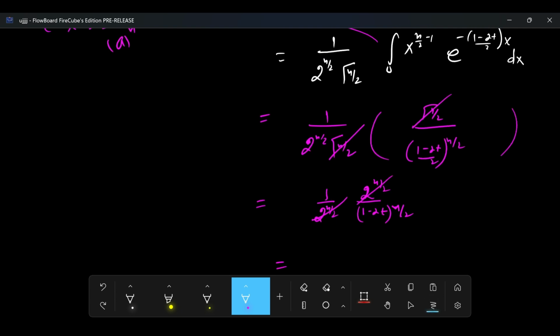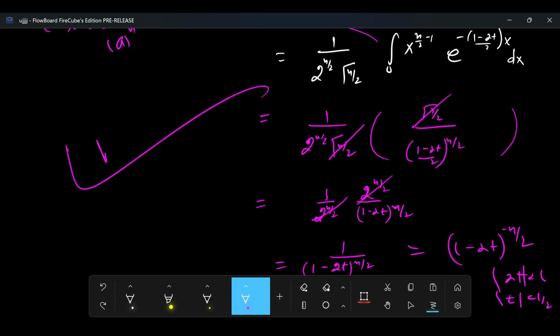So the MGF of gamma distribution is equal to this, and we can write this as 1 minus 2t to the power minus n by 2, where mod of t is less than 1 by 2. Clear? So this is the MGF of the chi-square distribution, which is also a gamma distribution.